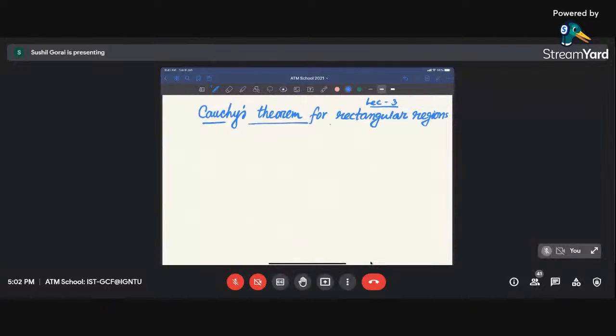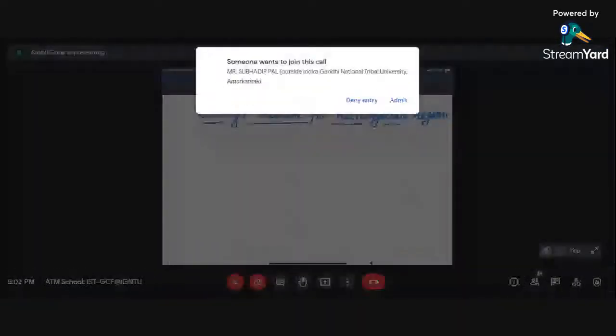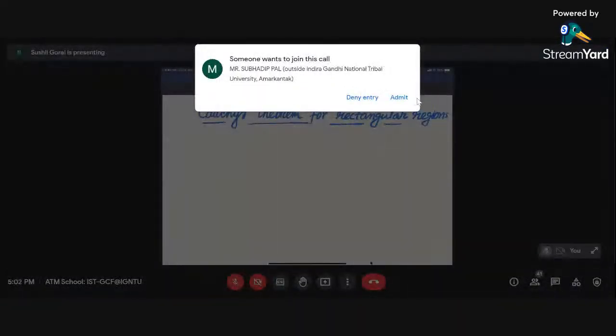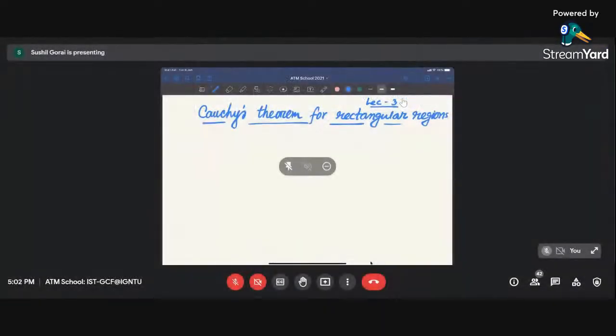Okay. So, of course, as I said last time, I'm not going to refer anywhere to differential forms. So this is the simplest way to go with Cauchy's theorem.